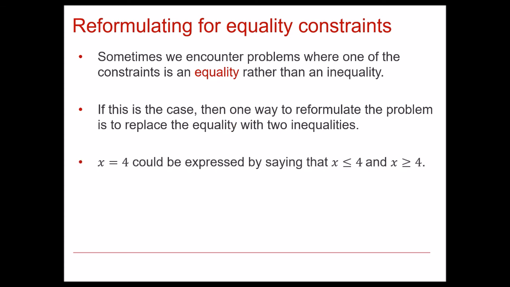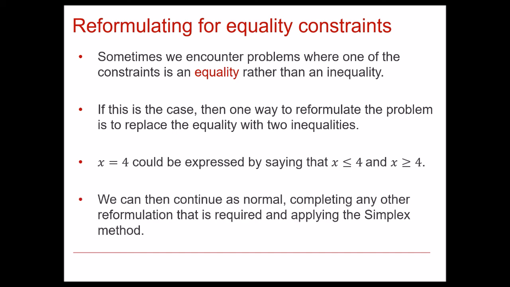If I wanted to say that x had to equal 4, I could include one constraint that says x is less than or equal to 4. We've seen how to do that, and we've also seen now how to deal with a constraint x is greater than or equal to 4 as well. So if I include both of those, then the only possibility is that x equals 4. And then we just proceed in the usual way from there.